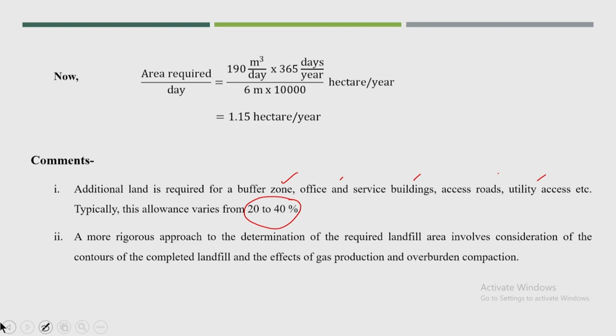You need not write this, but if the question asks how much total area will be required, you can take 20 to 40% of this area and add it to 1.15 hectare, which gives the total area required along with the waste disposal facility and buffer zone for other facilities.